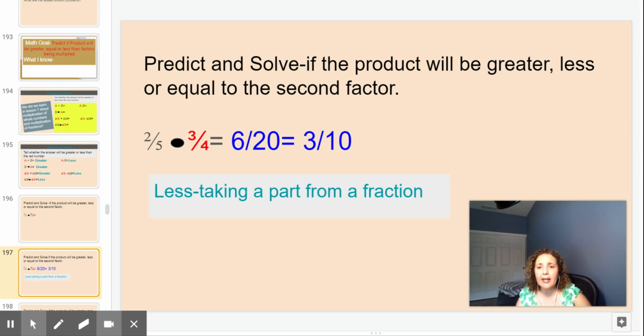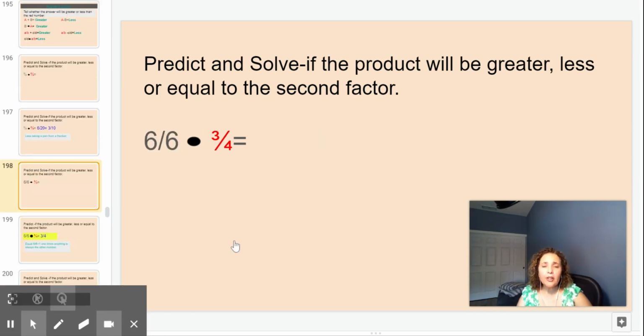When I multiplied it out, I got 6/20, and when I reduce it, it ends up being 3/10. So 3/10 is smaller than 3/4. With 3/4, you're only one away from a whole. With 3/10, you're seven away from a whole. So 3/4 is bigger than 3/10, and the answer did get smaller.